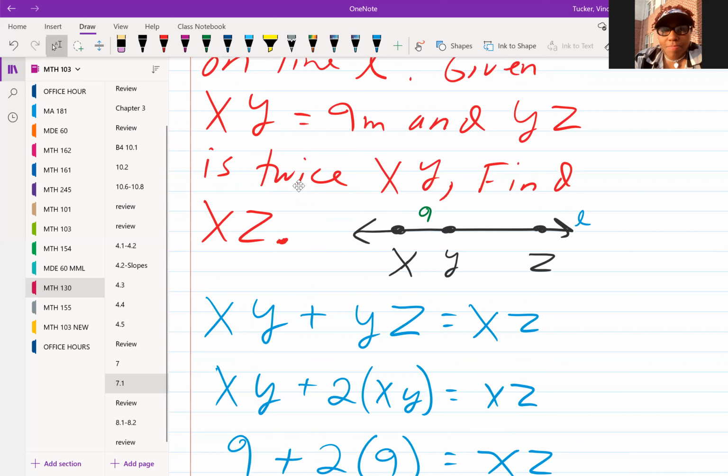If it said M equals, then you would have had a point there. But if it follows behind your number, then it's measurement. XY is 9, YZ is twice XY, so when it says find XZ, okay.